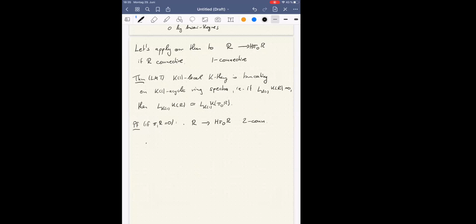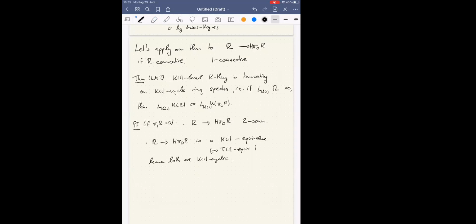The other thing is that R to H pi 0 R is a K1 equivalence, or equivalently a T1 equivalence, because both are K1 acyclic.